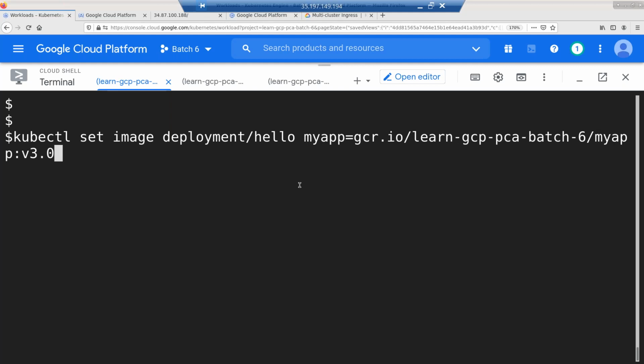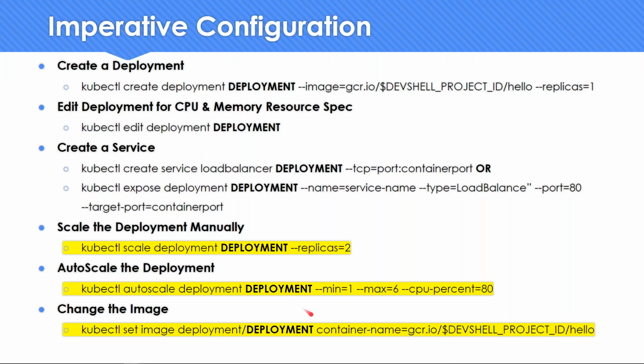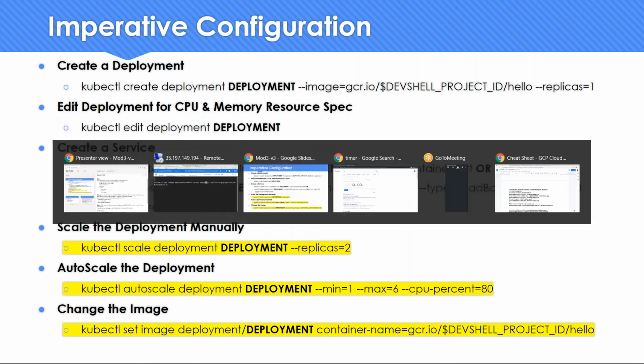Basically, it should be the image name, right? Sorry, thank you. What was the command? No, the image name is not required. You just mention container name equal to. My app is the container name, so you are changing the value of that, Anil.